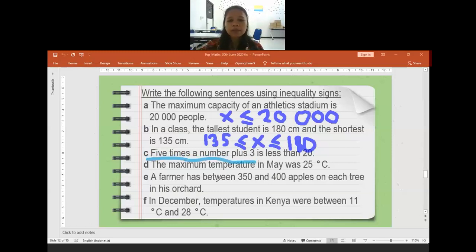Five times a number plus 3. What formula do I have to write for this sentence? Five times a number plus 3.